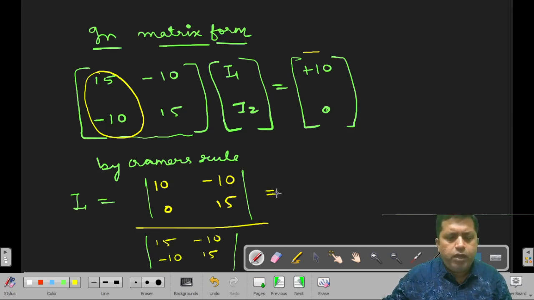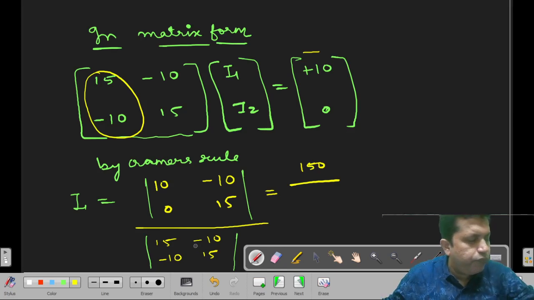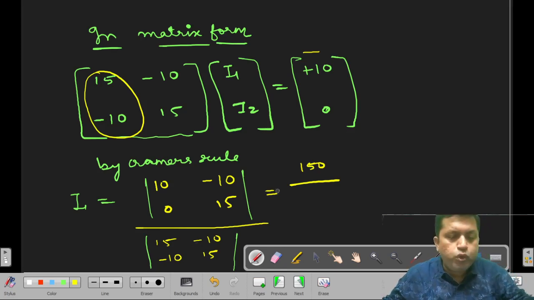So if I solve this, this will be 150 divided by 15 into 15. How much is 15 into 15? 225.